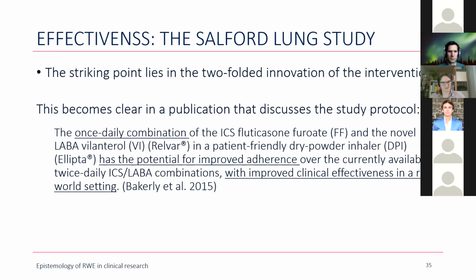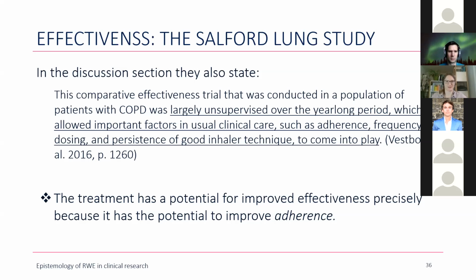And in case this has not been clear enough, we could look again at the conclusion section of the publication, where they write, this comparative effectiveness trial that was conducted in a population of patients with COPD was largely unsupervised over the year-long period, which allowed important factors in usual clinical care, such as adherence, frequency of dosing, and persistence of good inhaler technique to come into play.